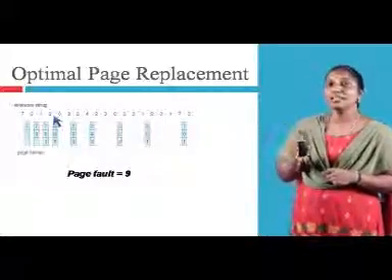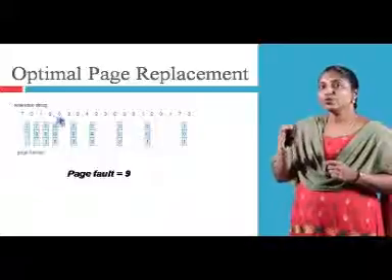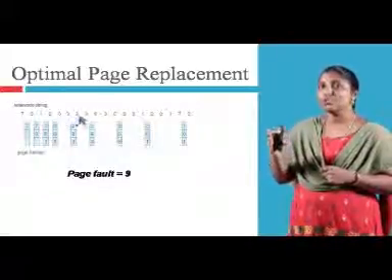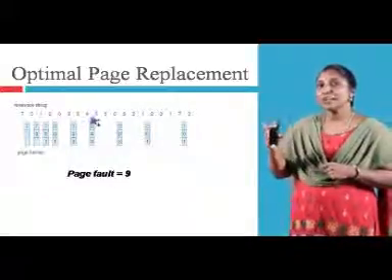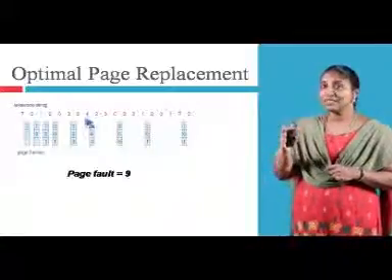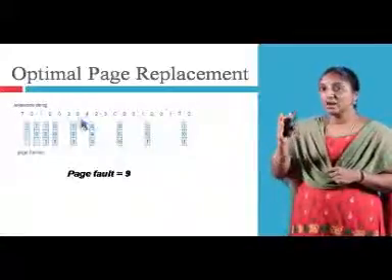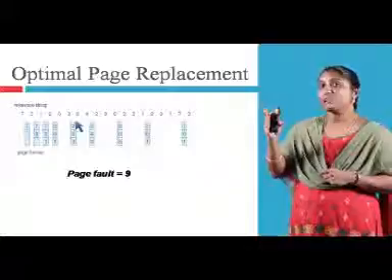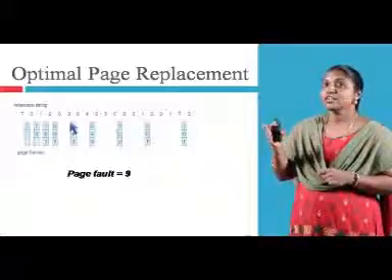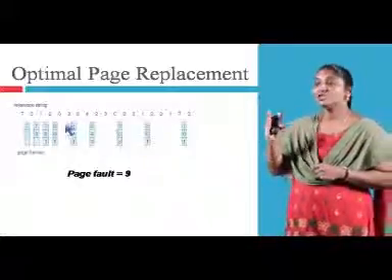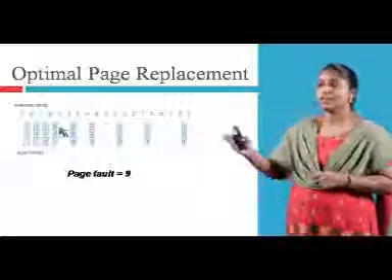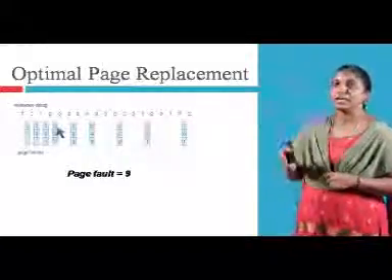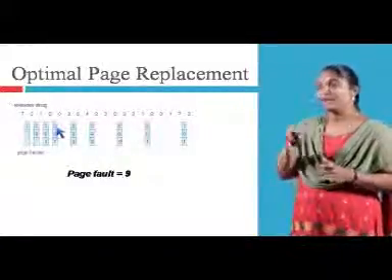After 2, the pages will be 0, 3, 0, 4, 2, 3 and so on. 0 is referred again, 1 is also referred again, and only at the end will 7 be referred. So 7 is the page not used for the longest period of time, and it has to be replaced by 2.